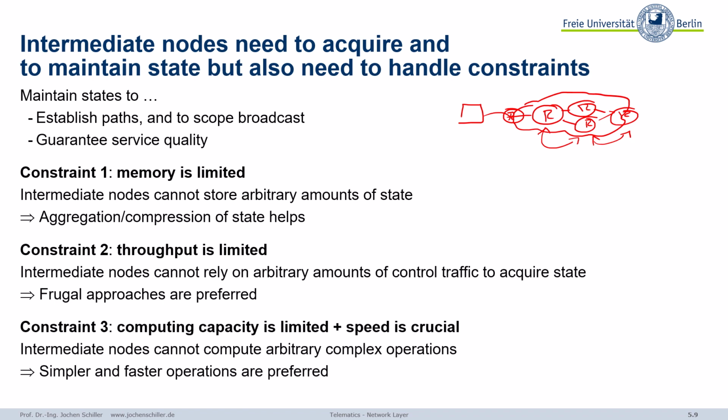And also computing capacity is limited. So a router is a high performance device, operating at terabits per second, yes, but still computing capacity is limited. Plus the forwarding across a router should be in the range of nanoseconds. So the simpler, the better. And we will see how the new protocols really reflect this. So the routers have to do less.